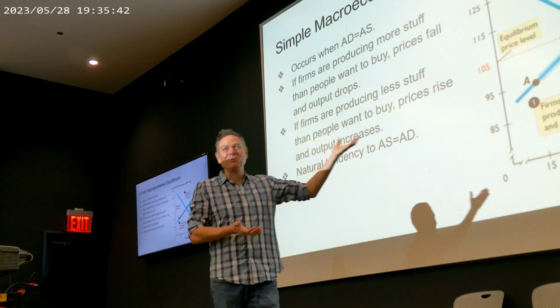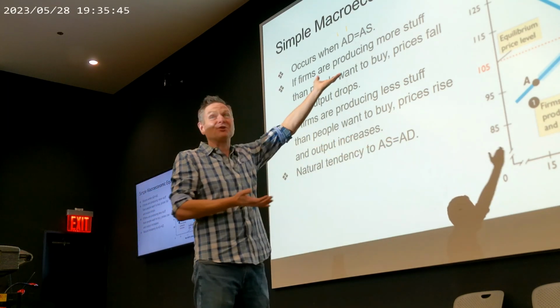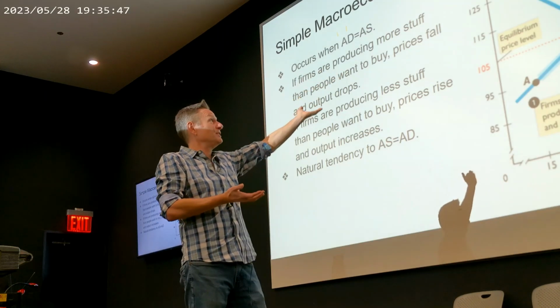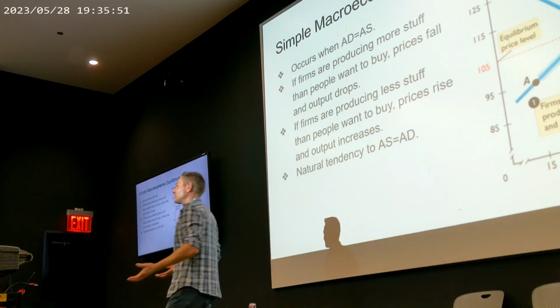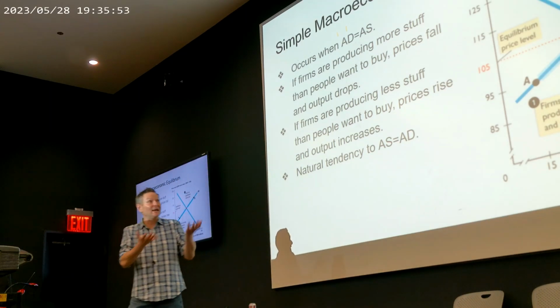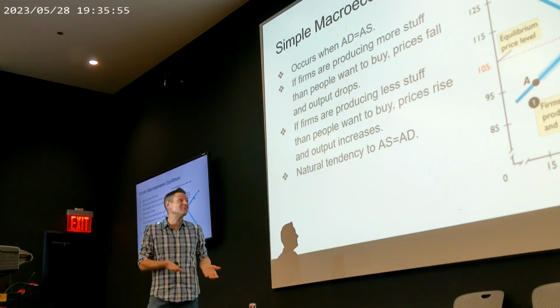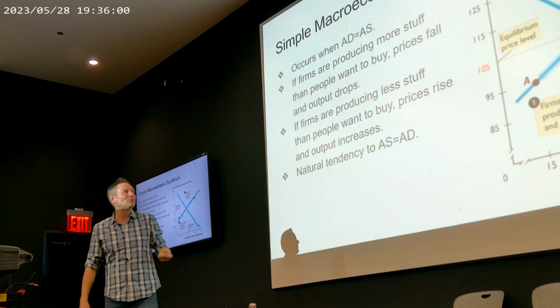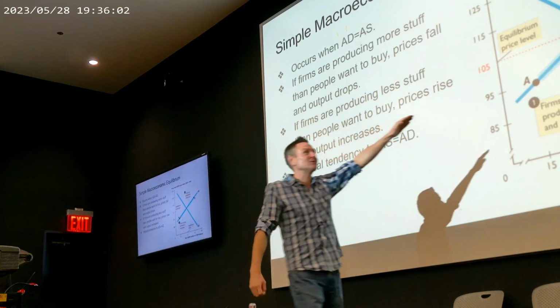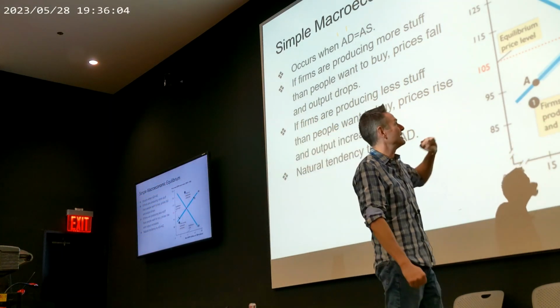Maybe the other way is the one you might think about. When prices are high, well, what should happen is firms are producing much, their inventories are piling up, all of that stuff. What do they do? Well, prices start coming down, firms start lowering prices, they start depleting their inventories and all of that stuff. People start buying the extra stuff, and we're back at this red dot again.